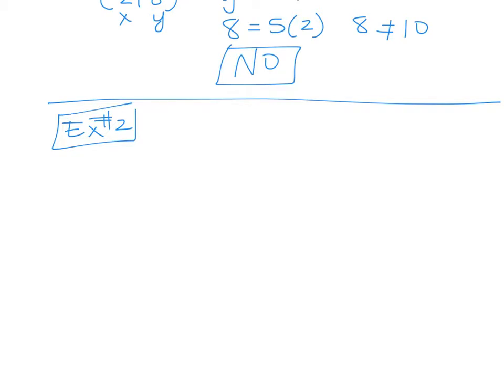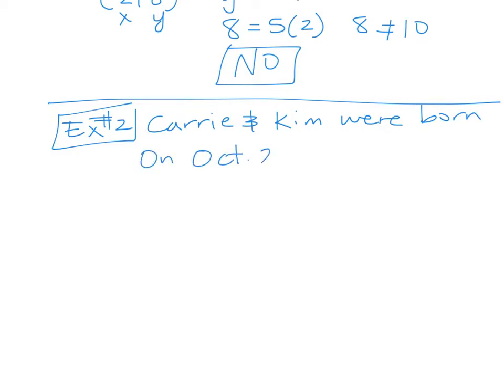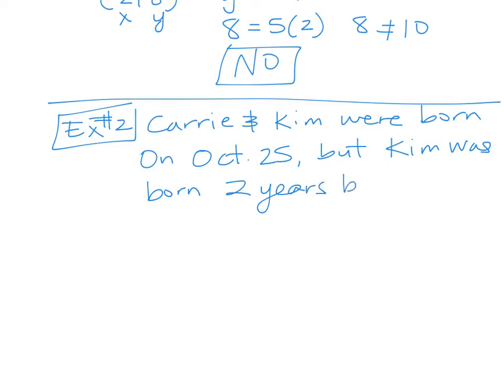It says, Carrie and her sister Kim were born on October 25, but Kim was born 2 years before Carrie.